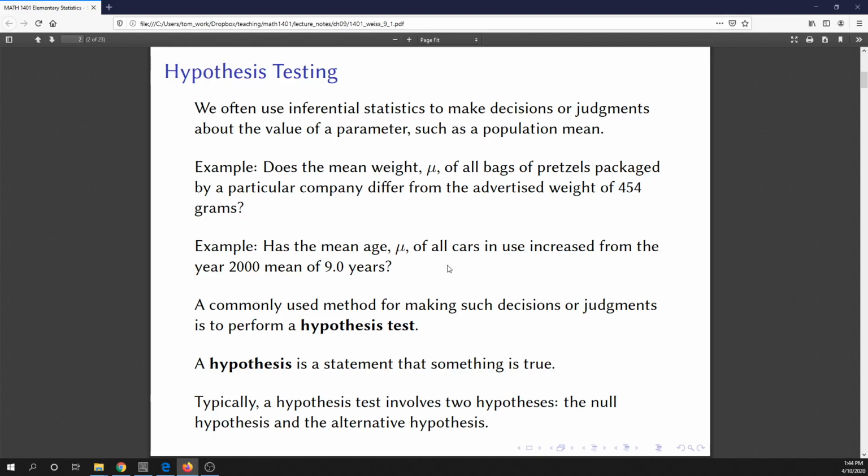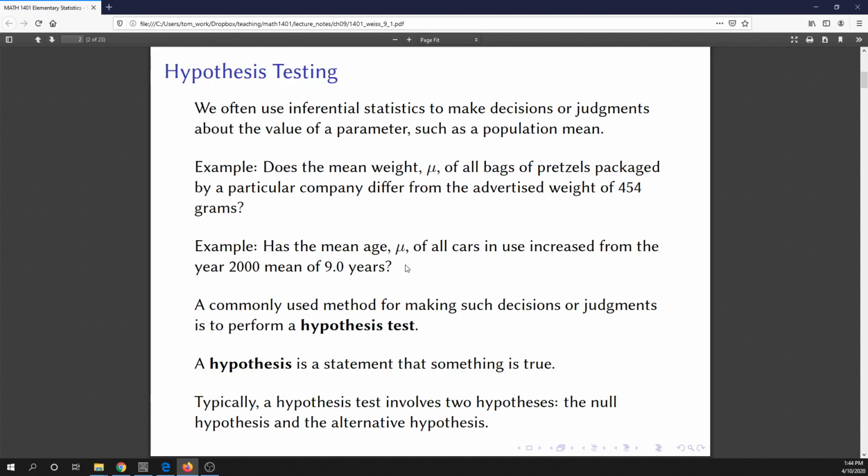So in 2000 they did this study and they concluded, okay, the mean age of the cars in use is 9 years. Now in 2020, maybe they think that this mean has increased from 2000.